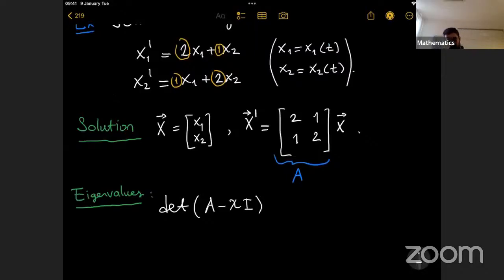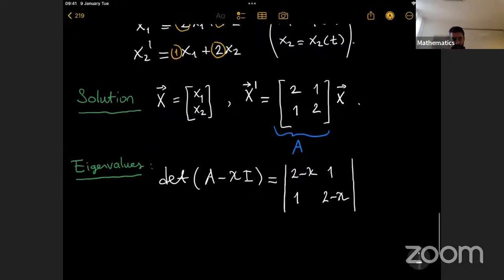The determinant is 2 minus lambda, 1, 1, 2 minus lambda. You subtract lambda from the diagonal and take the determinant: 2 minus lambda squared minus 1.